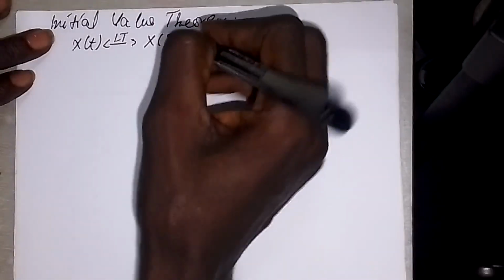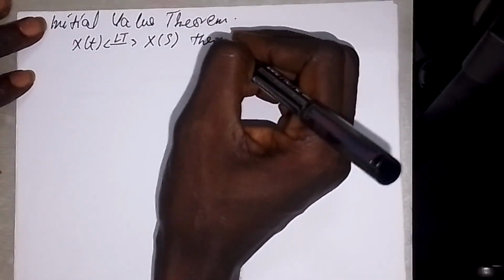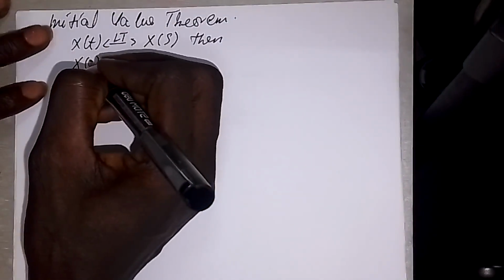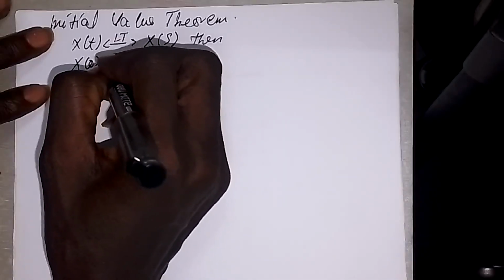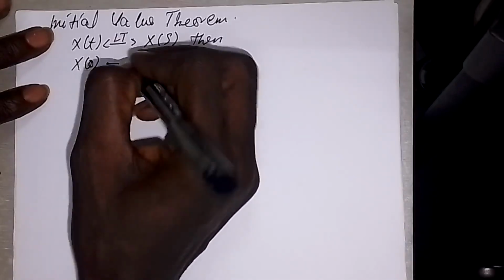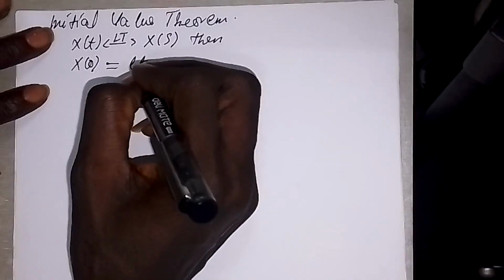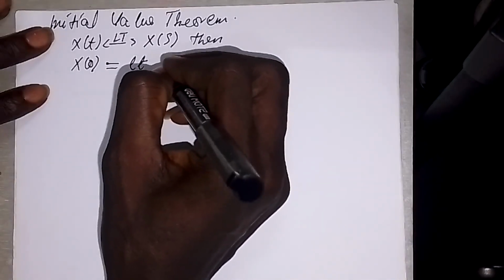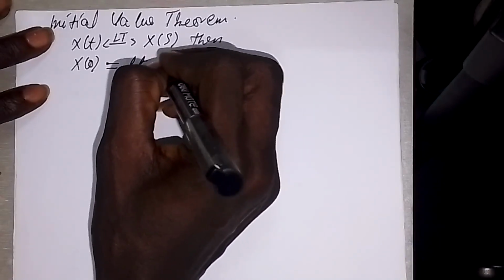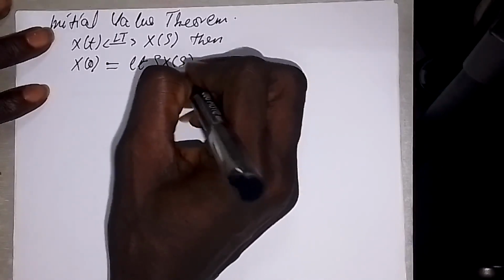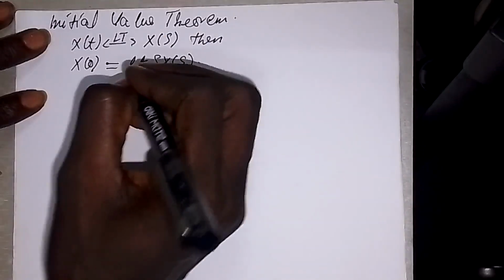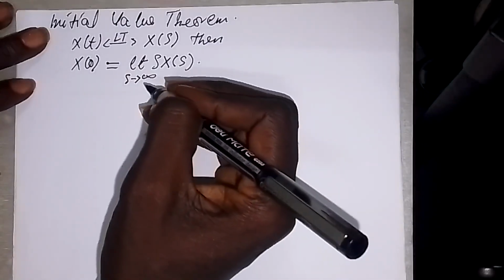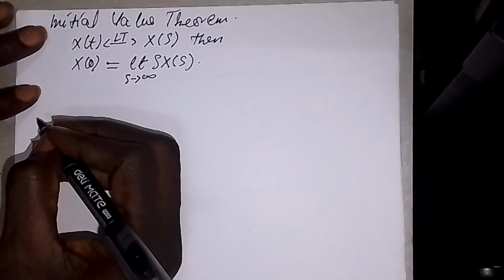then if we have x of 0, it's going to be equal to LT, which means limit, limit as in function, limit of x of s as s approaches infinity.